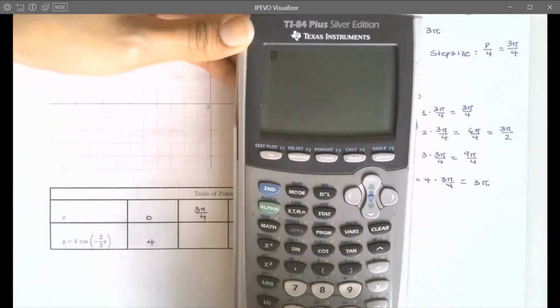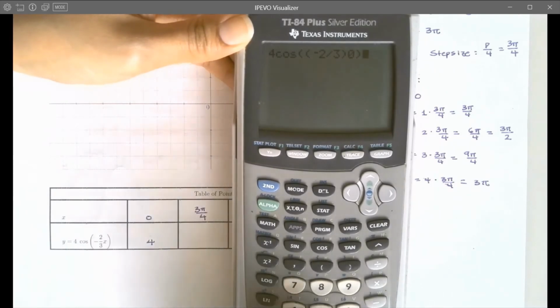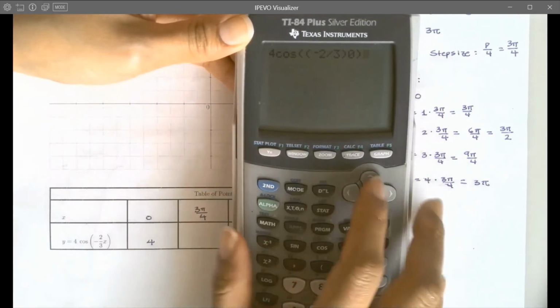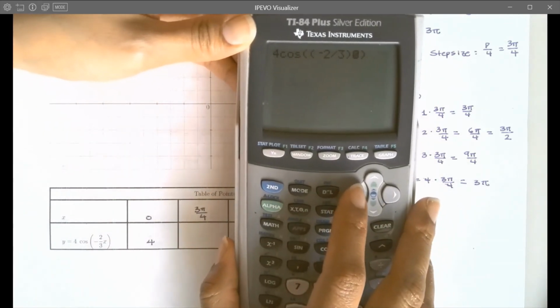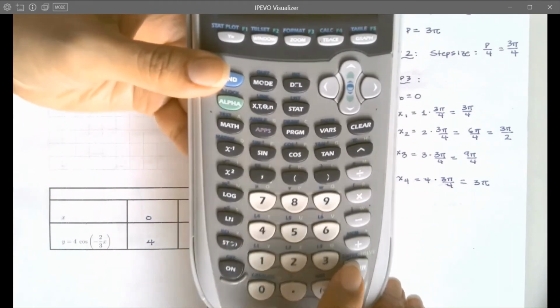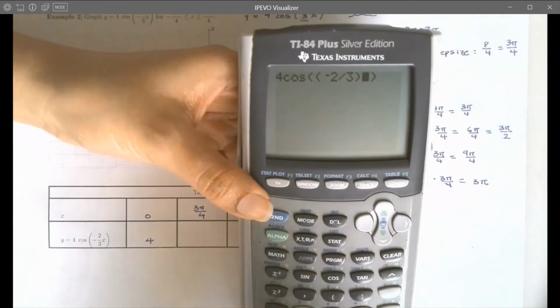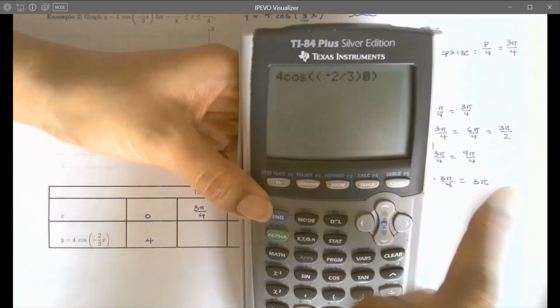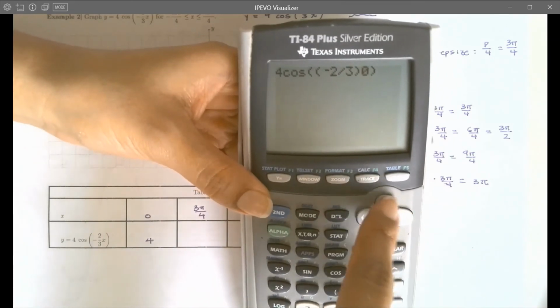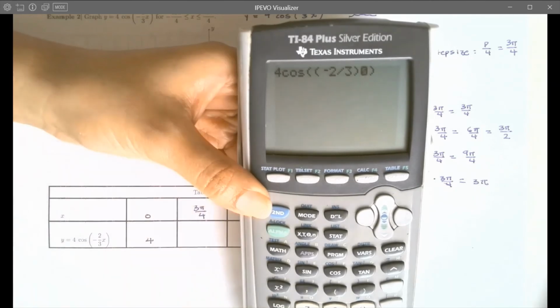Okay, next value. Notice I'm doing simply second enter so that I can get my previous expression. On your calculator, you can experiment with where this key is so that it can bring up the previous expression. For some calculators, you can just press the up button and that'll automatically bring it down for you.